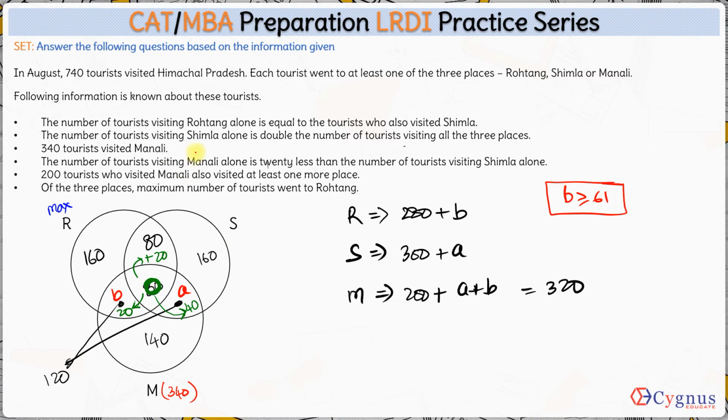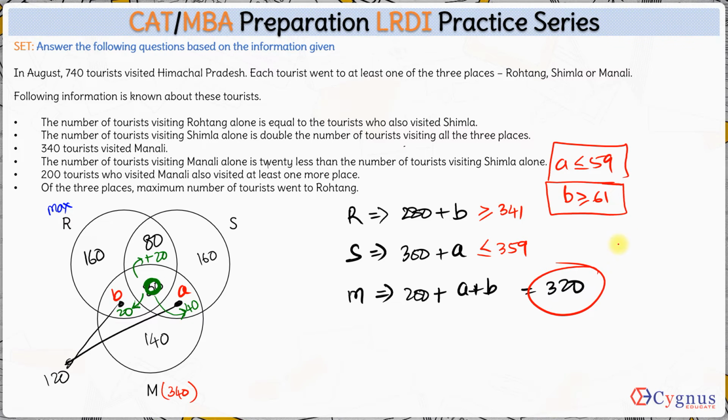So if B is greater than or equal to 61, that means the number of tourists visiting Rohtang next year should be greater than or equal to 280 plus 61, which is 341. If B is greater than or equal to 61 and A plus B we know is 120, that means A should be less than or equal to 59. That means the number of tourists visiting Shimla should be less than or equal to 359.